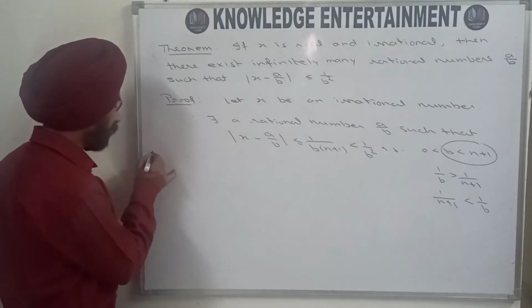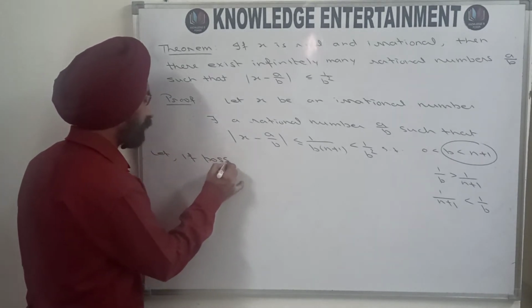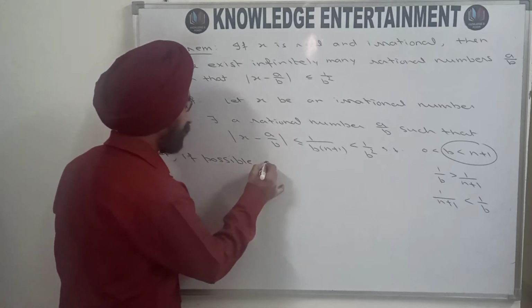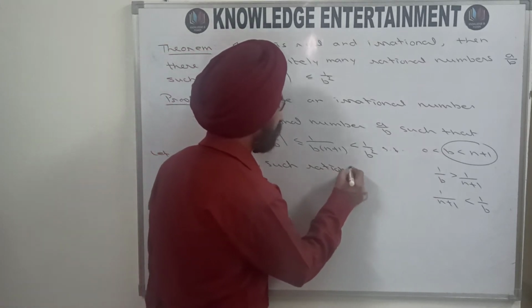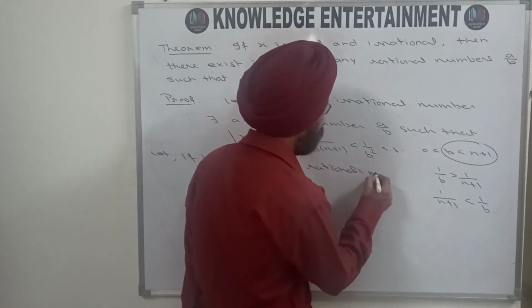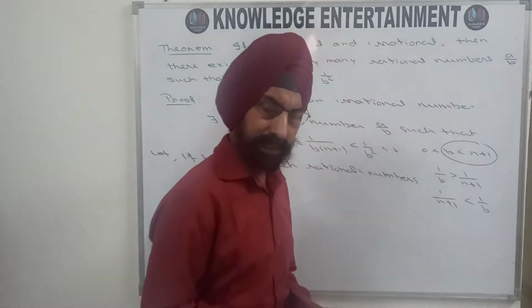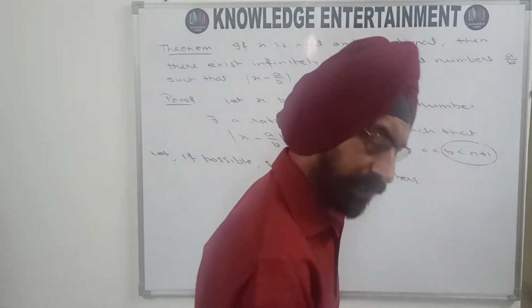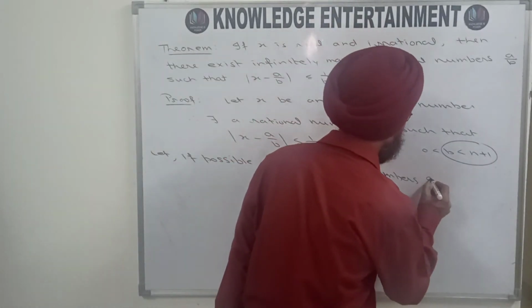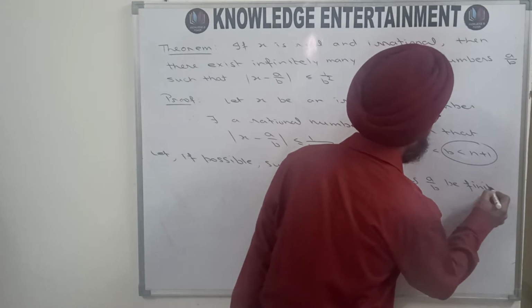So let, if possible, such rational numbers a upon b be finite in number.